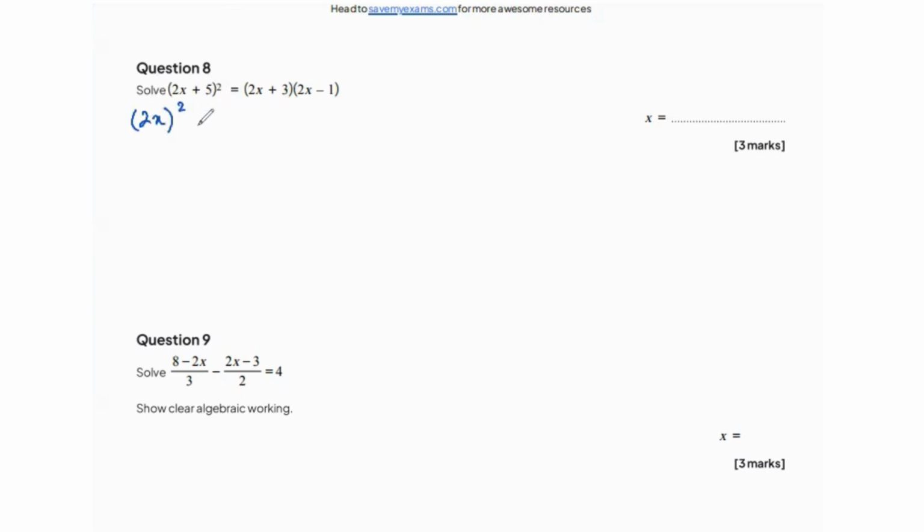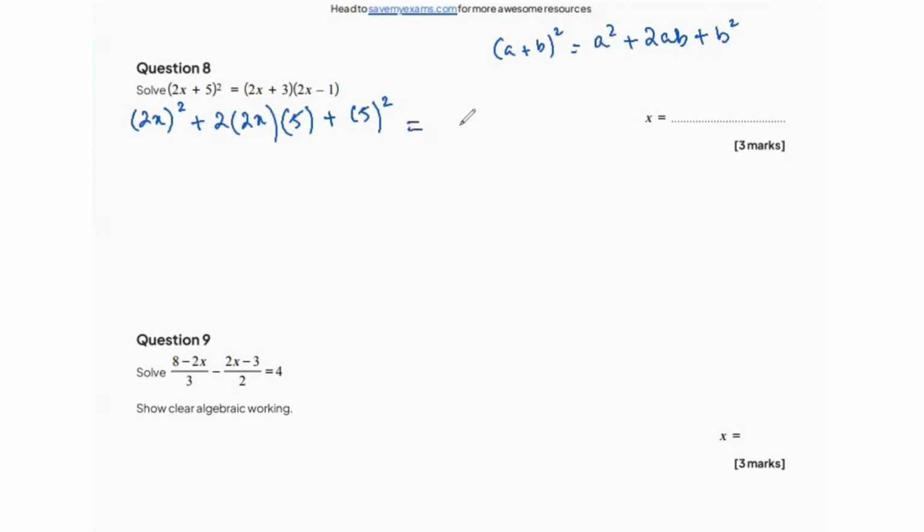So a squared is 2x whole squared plus 2 times 2x times 5 plus 5 squared. Basically, this is the formula that I'm talking about. a squared plus 2ab plus b squared is equal to a plus b whole squared. This is the expansion for it.